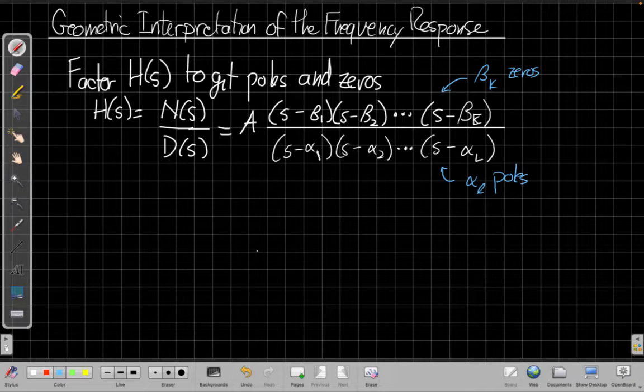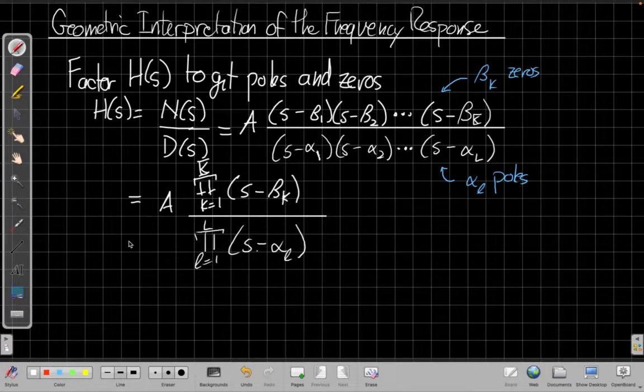We can write this compactly in product notation using capital pi, where capital pi means a product, just like capital sigma means a sum: the product over k from 1 to K of s minus beta k, and in the denominator the product over l from 1 to L of s minus alpha l.